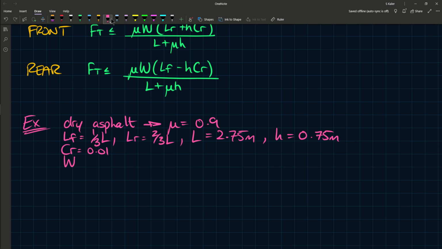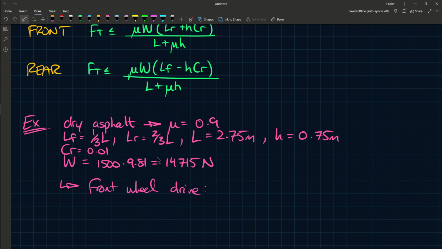And let's say the weight of the vehicle, a 1500 kilogram vehicle, is 1500 times 9.81, and that is 14715 newtons.